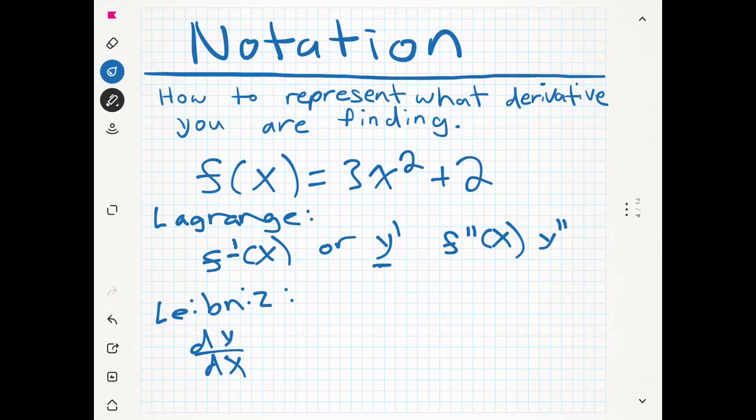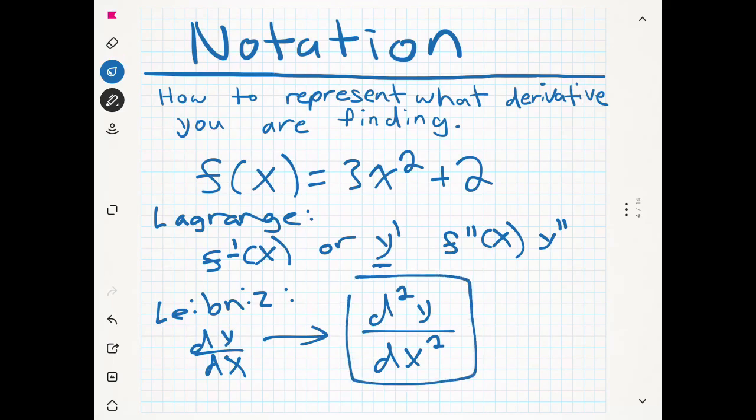Now, for the Leibniz notation, it's a bit different. If I'm finding the second derivative, the way I can write this is d2y all over dx2. It's a bit weird, but this is the other way of writing it.